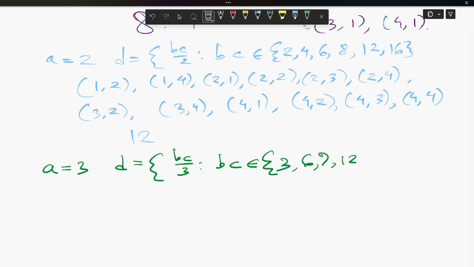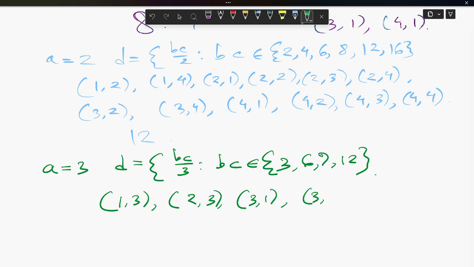Okay, so only in this. So the valid choices are now 1 comma 3, 2 comma 3, 3 comma 1, 3 comma 3, and 4 comma 3. So total 5 cases now.